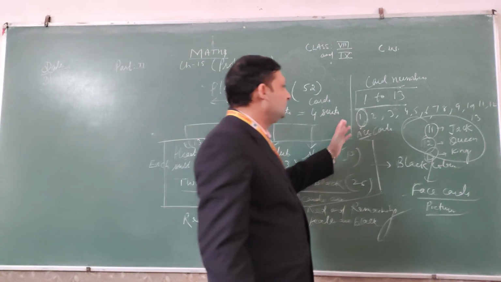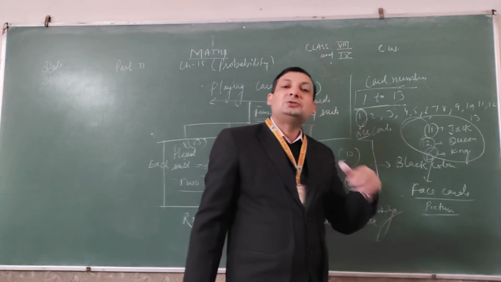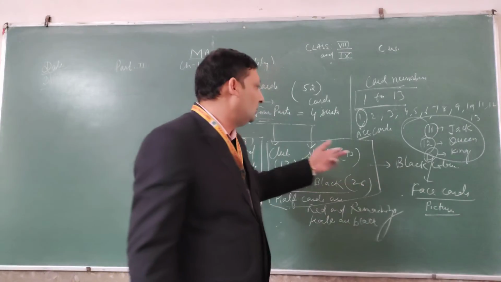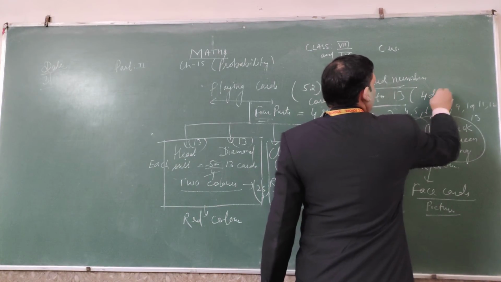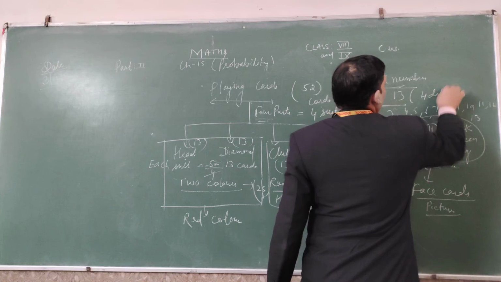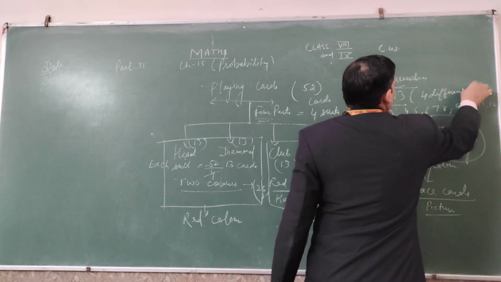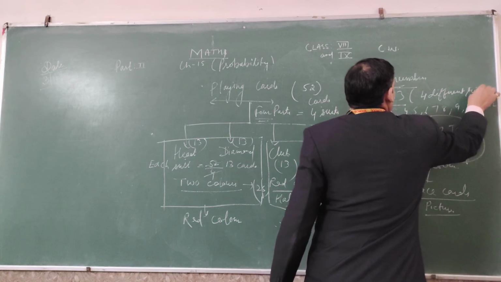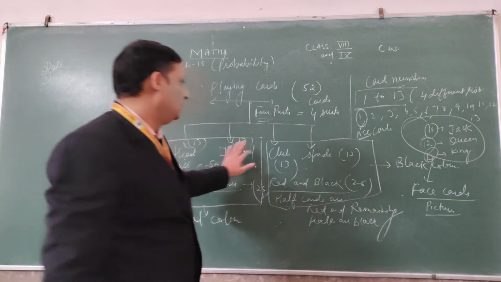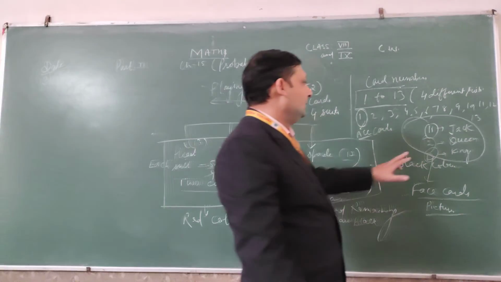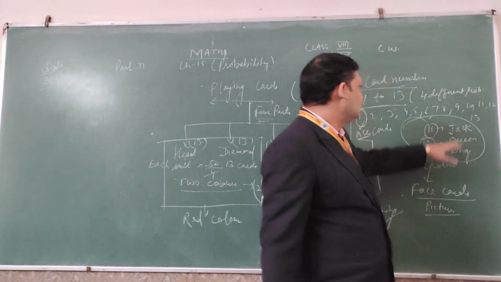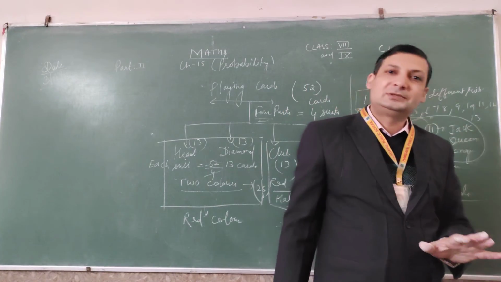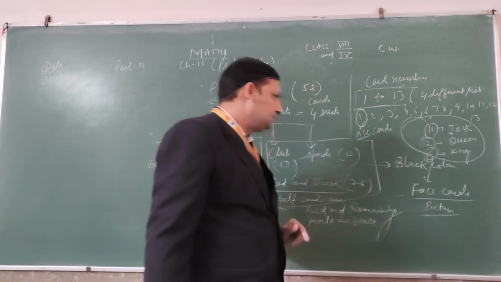And when we talk about these card numbers, each card consists of 4 different suits, and the names of those are heart, diamond, club and spade. It means in the king we have one heart, one club, one diamond, one spade. Similarly, every card number has 4 cards of different suits.